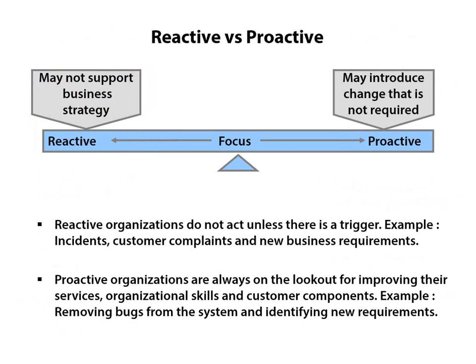To reiterate, an organization that is highly reactive may not support the business strategy by not keeping up to the commitments, and an organization that is highly proactive may introduce a change that is not really needed. As we discussed earlier, changes are expenditures and these go out from the IT organization's pockets.